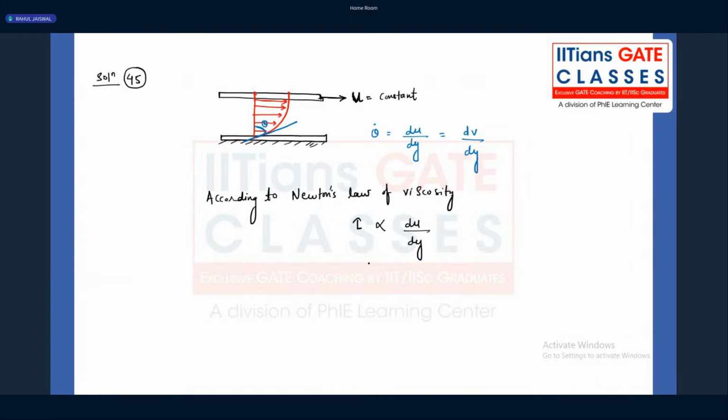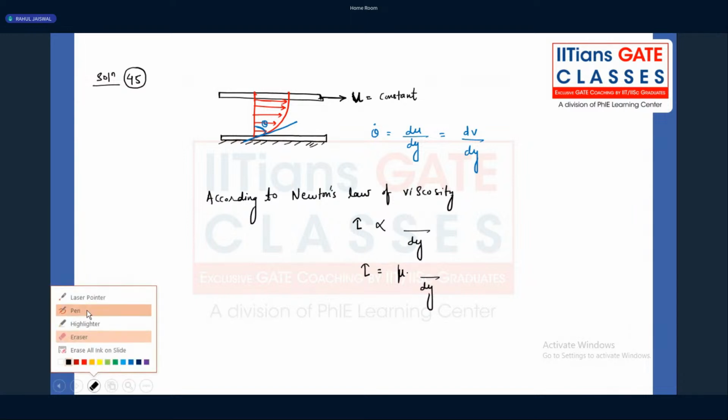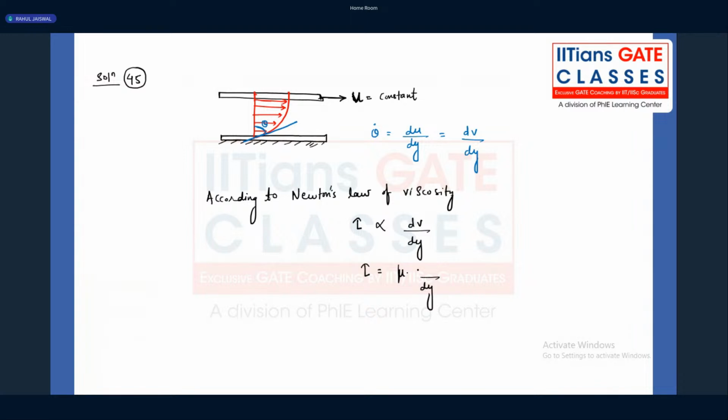If I remove the proportionality sign, I will get one proportionality constant. That is nothing but tau is equal to mu into du by dy. Again, I am writing dv by dy because in the problem they have given dv, not du. So that is the particular law which is known as Newton's law of viscosity.